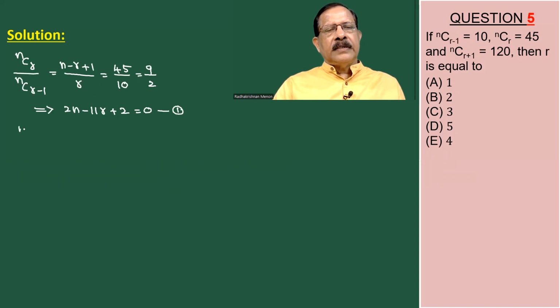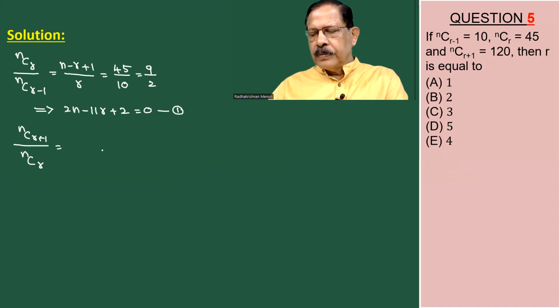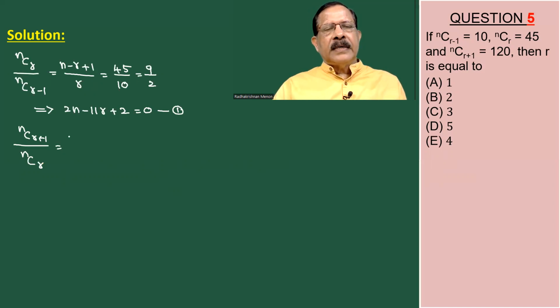Next one, nC(r+1) divided by nCr. Similar formula. Equal to numerator n minus r, denominator r plus 1.